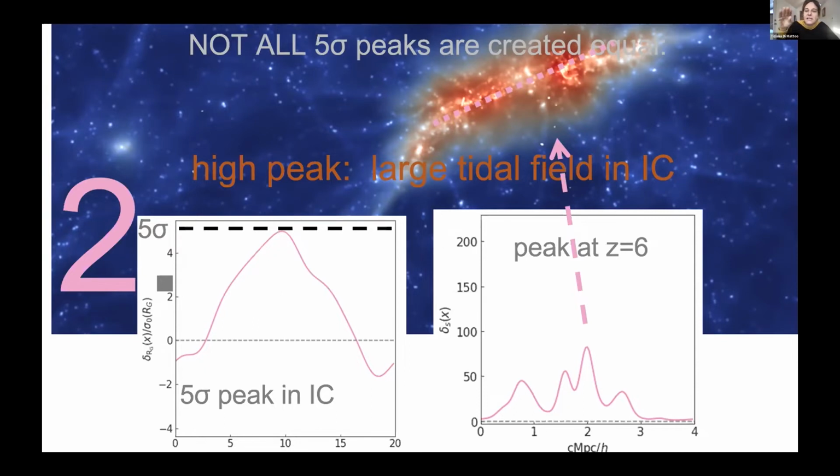And I want to slice this in one dimension just to highlight what's going on. If we draw it in one dimension, we actually trace it. So this is a sigma peak in the initial conditions, a 5 sigma peak shown on the left-hand side. So it's still a 5 sigma peak.